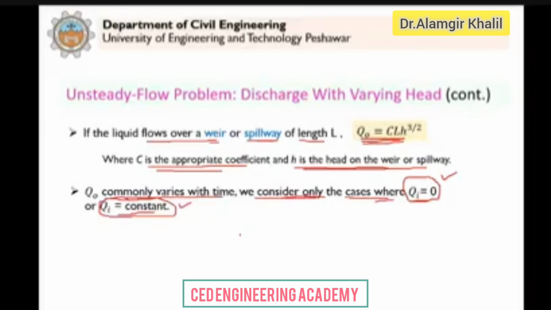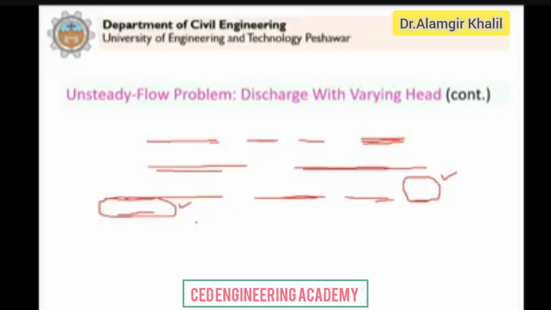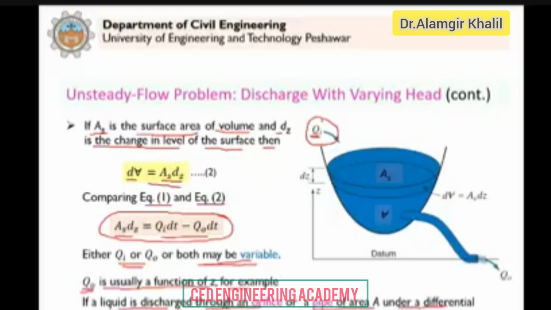Now in our textbook, we will not consider a case where the inflow discharge is variable. This is written in your textbook. But it does not mean that Qi is not variable. Qi, the inflow rate, can be variable. It can also change. But this case is not discussed in our textbook.